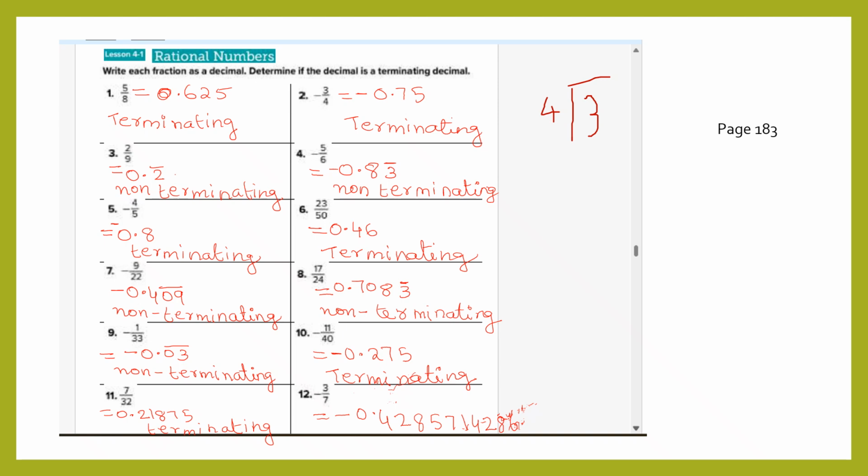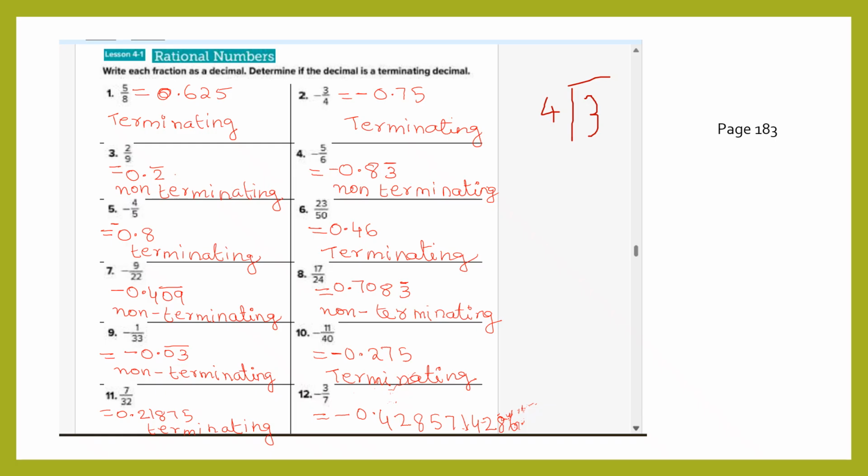When you divide this, it will be 0.222, like that it will continue. You can see this bar notation means that the number is repeating. A line at the top of the number means it is repeating. So this is a non-terminating number, or we can say a repeating number.